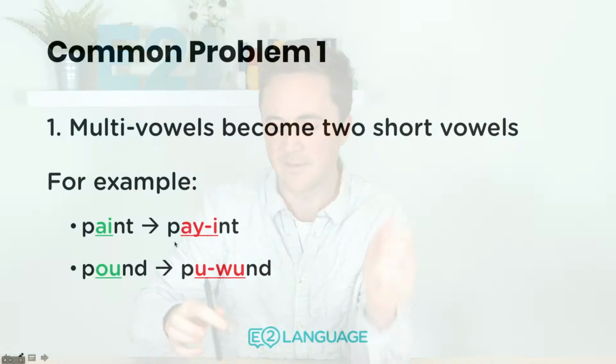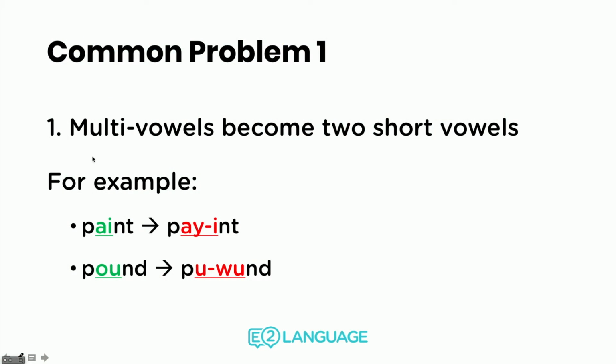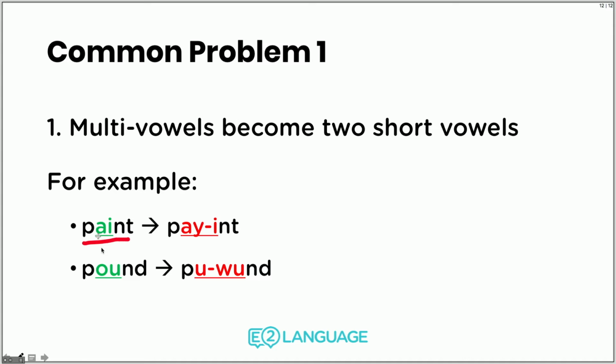So what you tend to do is put the two vowels together and say them both. Here are some examples. So multi-vowels become two short vowels. For example, the word paint with the multi-vowel, actually quite distinctly becomes two separate sounds instead of one.